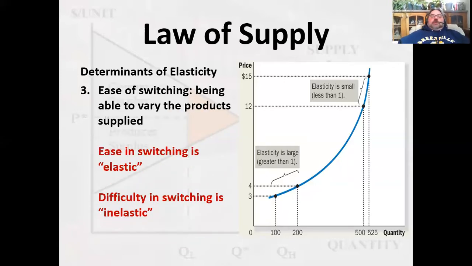Number 3, determinants of elasticity: ease of switching. This goes back to the example I was talking about with the local distilleries, switching over from making ethyl alcohol for the purpose of alcoholic beverages to making isopropyl alcohol for the purpose of increasing the supply of hand sanitizer during the pandemic. The equipment is the same. The procedures are nearly identical.